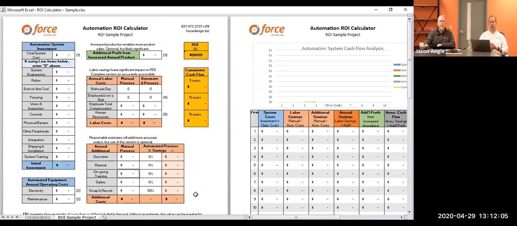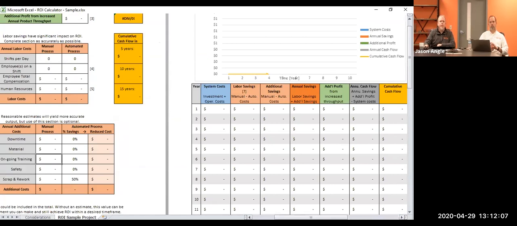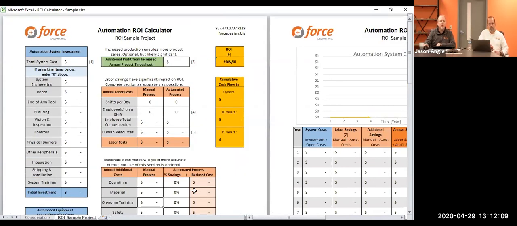So the boxes on the left side of the page, the two tables that have blue labels, this is where we put in the values that we have for cost for automation. An example here would be if you've gotten a quote or a proposal from an automation integrator, you can plug that right into the total system cost up here at the upper left. And then that's really all you need to do in that table.